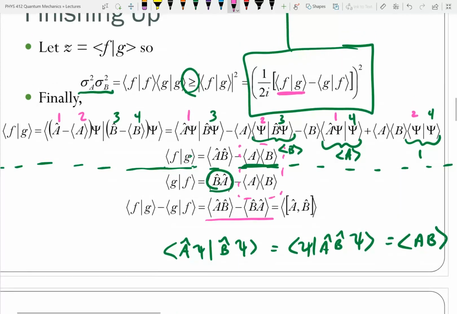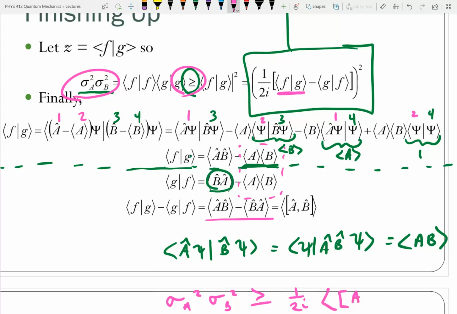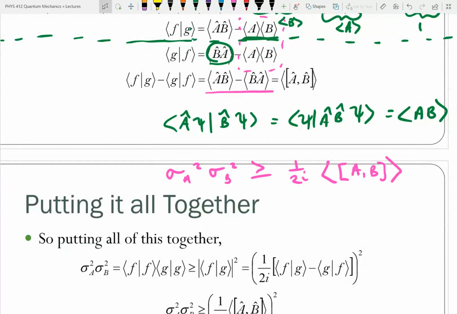I now have, if I look back at the beginning, and I'm sure I have it at the beginning of the next slide, but I'm going to write it here because it's so exciting. So this is greater than or equal to 1 over 2i expectation value of commutator of A, B. Is that entire right side squared?